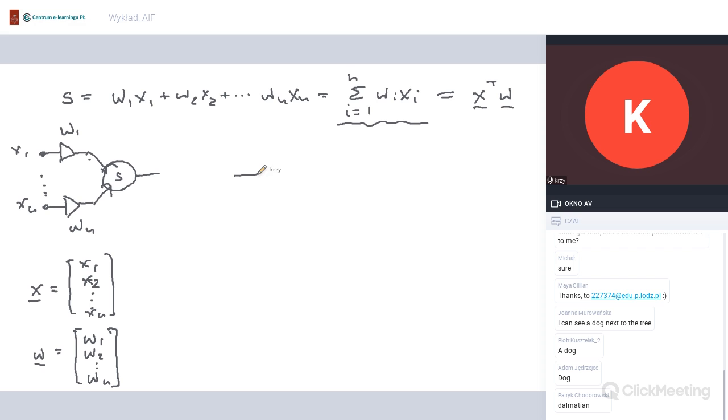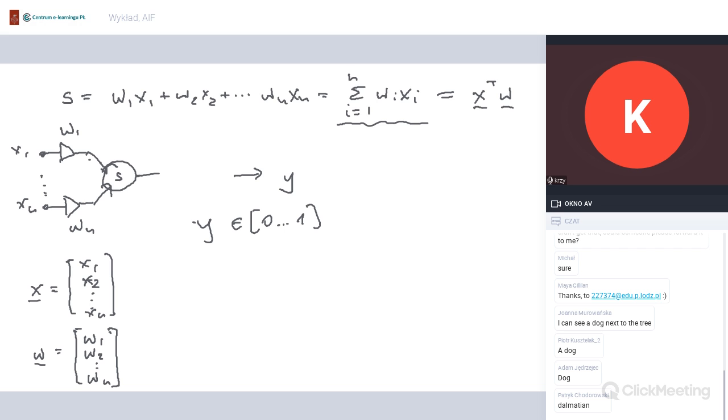At the end of a neuron, I should produce a value that is feasible from the point of view of my assumptions. My assumptions were that I would like all the signals or the data in my structure to belong to the interval from 0 through 1, for example. So y is expected to belong to this interval.